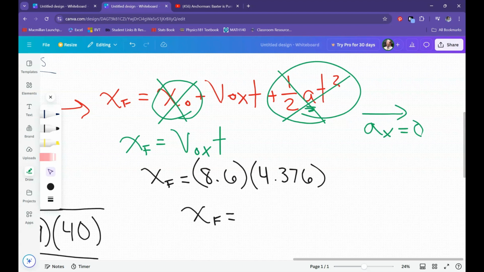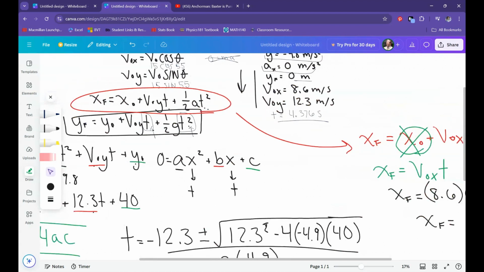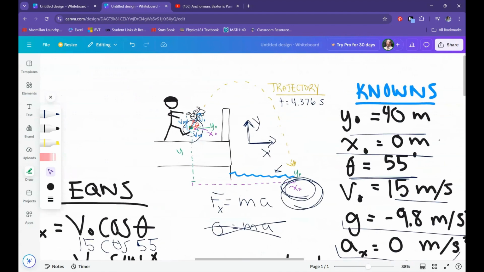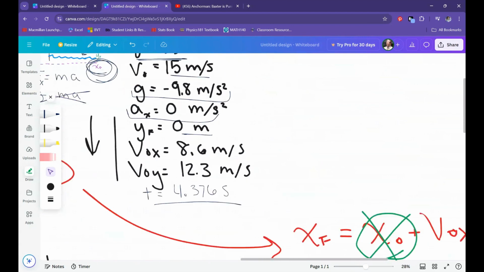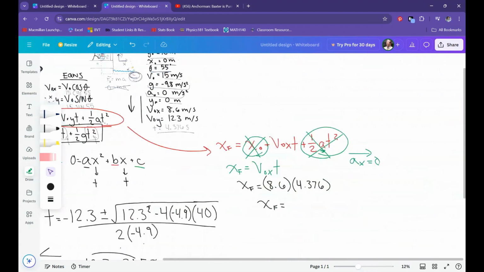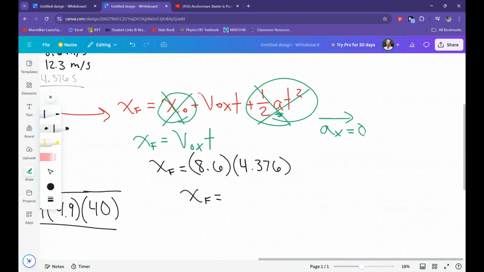I'm going to make that clear. I was going to originally have it from the edge of the bridge, but from our origin point all the way over, our x final is going to be equal to about 37.636 meters.